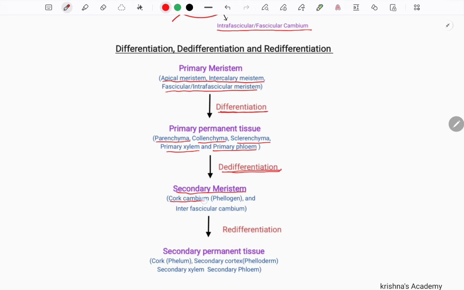Examples are cork cambium, technically called phellogen, which we will discuss during secondary growth, and the interfascicular cambium. These are the secondary meristems, which we also mentioned above in the examples of secondary meristem.